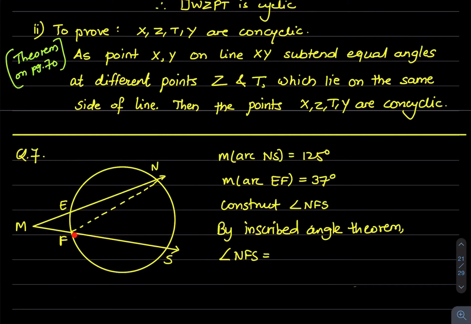This is an inscribed angle, as the vertex F of this angle lies on the circle. By this theorem, angle NFS will be half of major arc NS. Similarly, this angle ENF is also an inscribed angle, so angle ENF will be half of major arc EF.